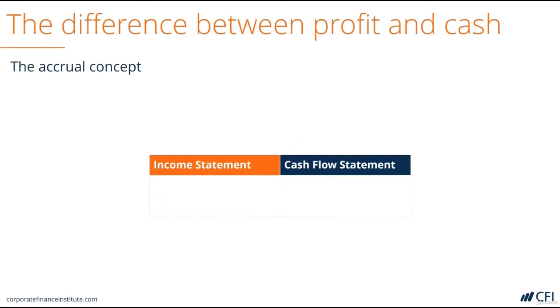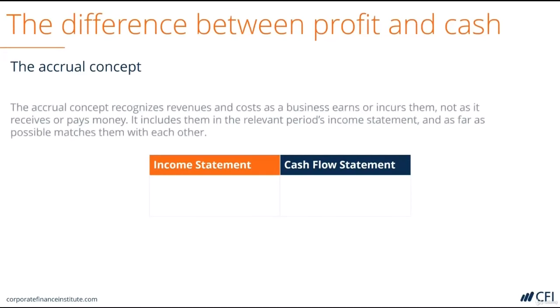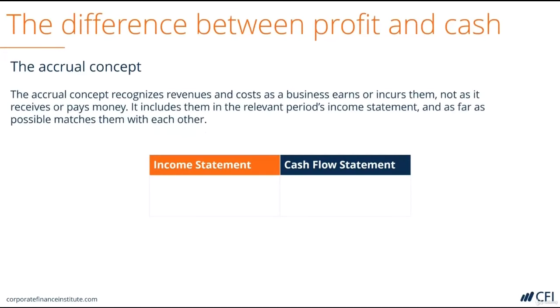Let's explore why profits and cash flow are not the same thing. In Module 1, we learned about prepayments and accrued expenses. The accrual concept requires companies to recognize revenues and costs as the business incurs them, not as it receives or pays the actual cash for them.